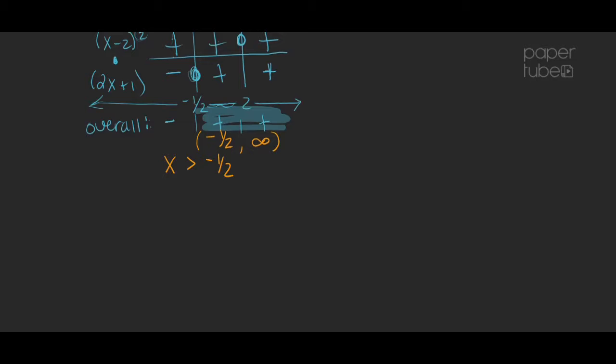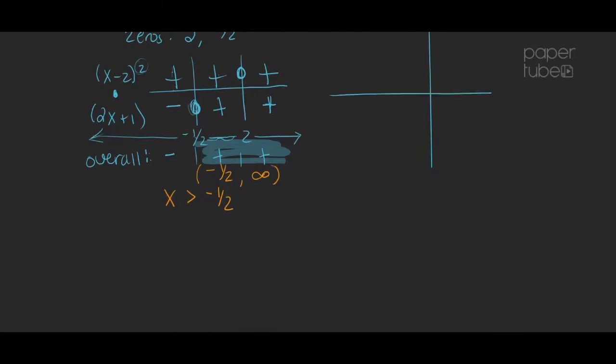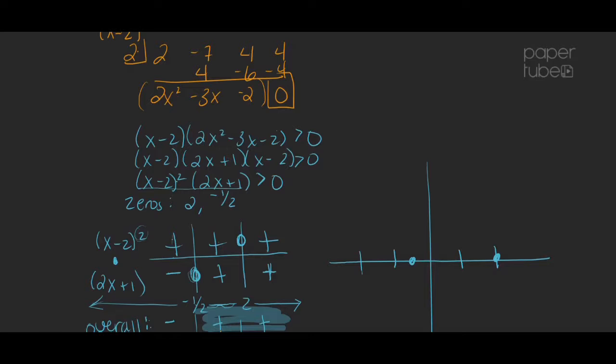Like I said earlier, the second option is if you're quicker at graphing polynomials, then all you need is a quick sketch, and you can also see the same result. On the sketch, all I care about is the zeros and where the graph is above or below the x-axis. So because we have that multiplicity of 2, I know there's going to be a bounce at 2.